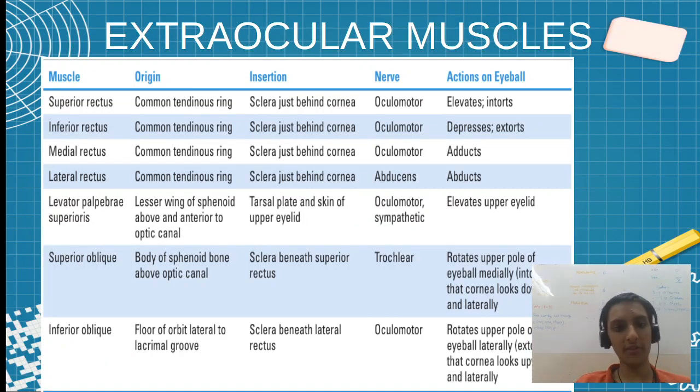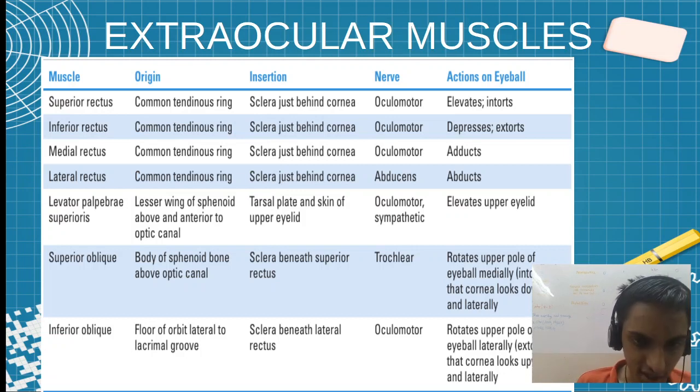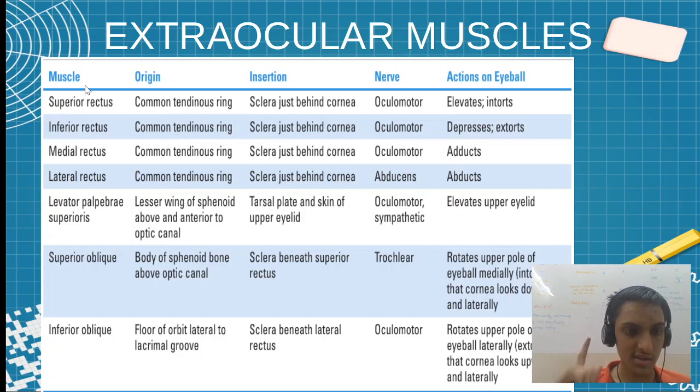Let's see this table where we have the origin, insertion, everything. It's very easy. So first I'll tell you the recti: superior, inferior, lateral and medial. If you remember the function of one muscle, the other muscle is exactly opposite. For LPS, it will not be the case, that you have to remember separately. Please remember all the recti muscles come from the common tendinous ring, which is also called annulus of Zinn.